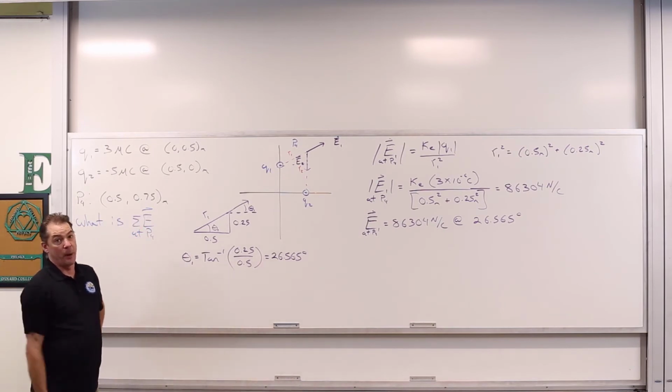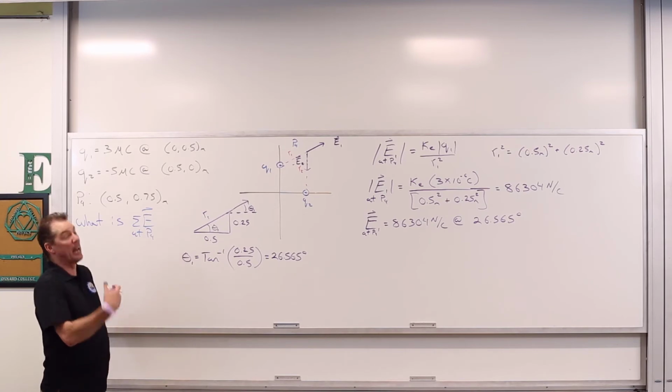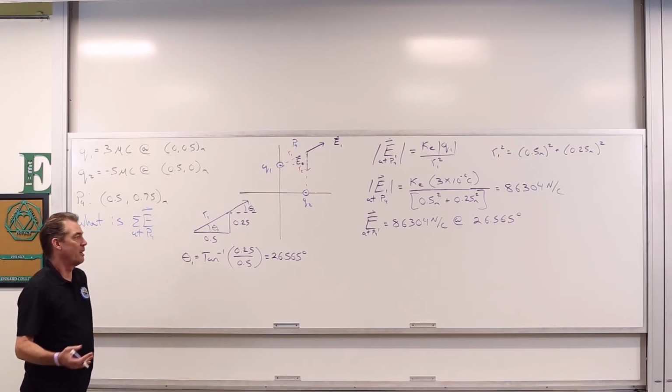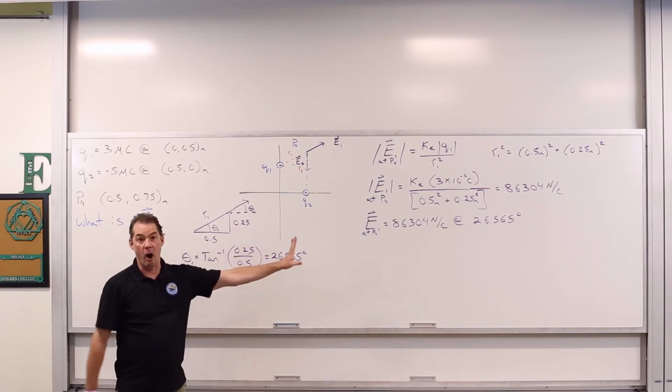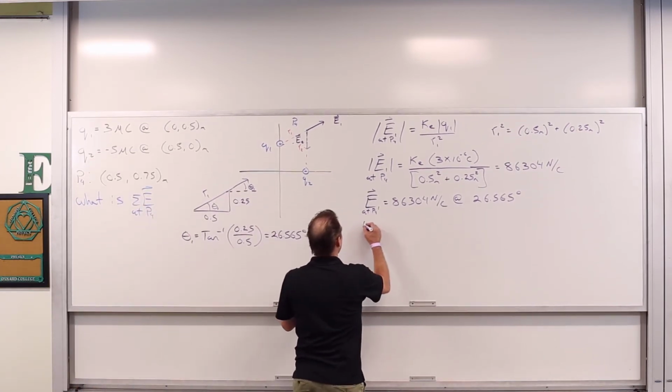That's great. We got it as a direction and magnitude, but what do we know? We're going to have to add this vector with another vector. And when we're adding vectors, we need things in vector notation. So since we're already here, let's find its x and y components.